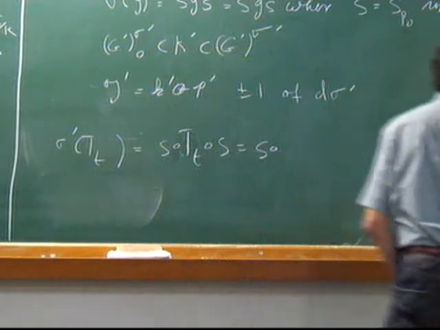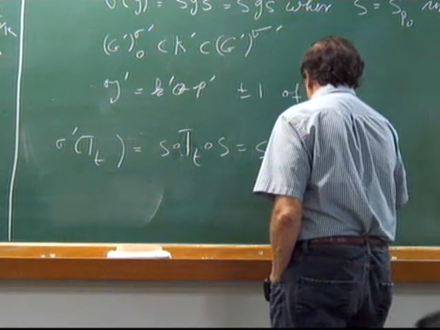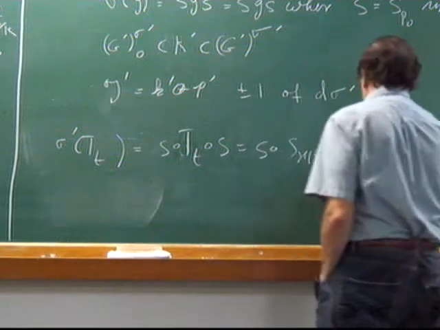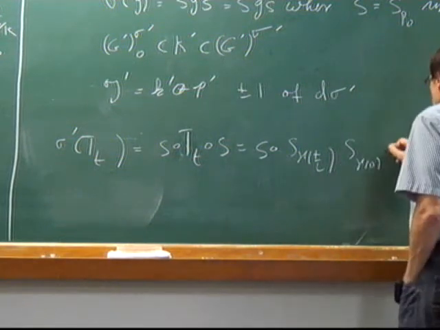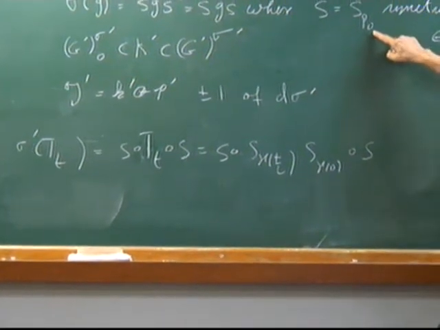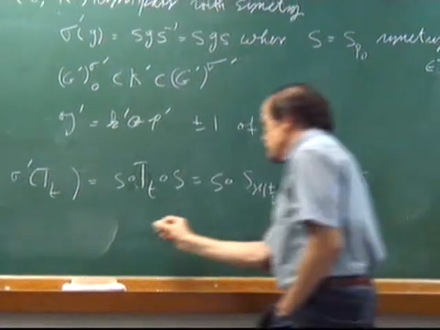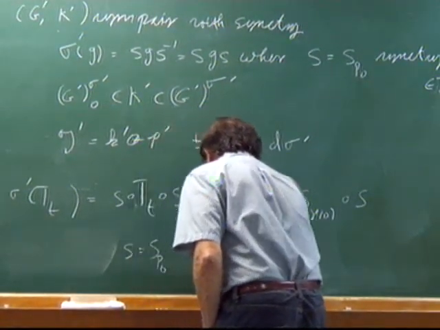What's TT? That was defined by symmetries, right? Symmetry at gamma of t over 2. Symmetry at gamma of 0, and then composed with symmetry again. But what was S? S was a symmetry at P naught, and P naught is gamma at 0.